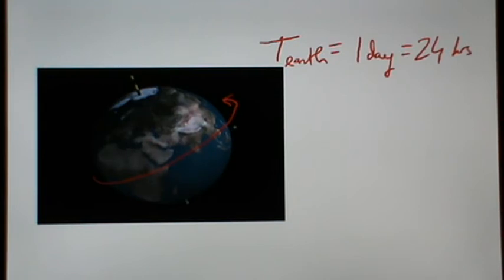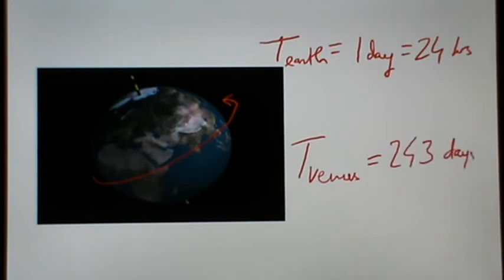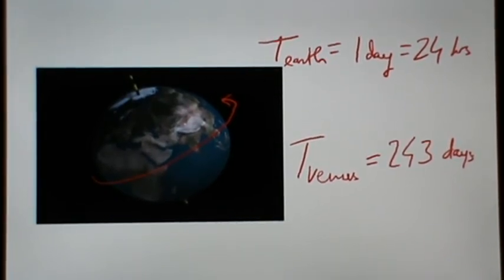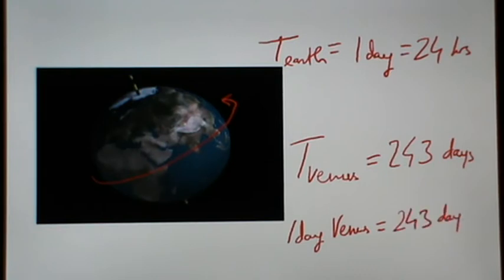And the planet which has the longest period for its rotation is Venus, and the period here is 243 days. So 1 day on Venus is equal to 243 days on the Earth. It's very long.